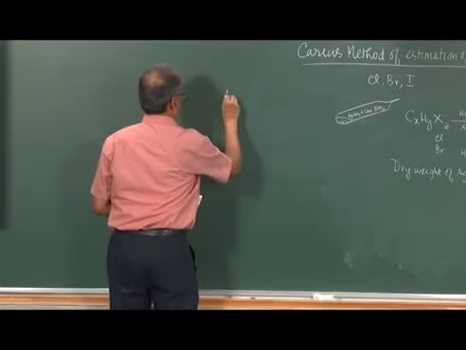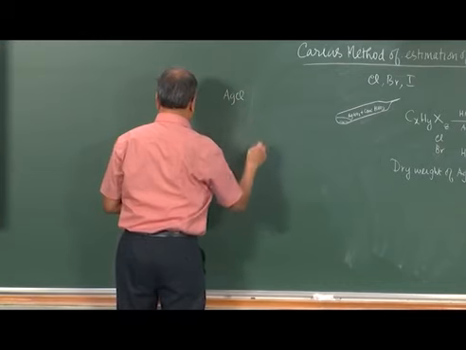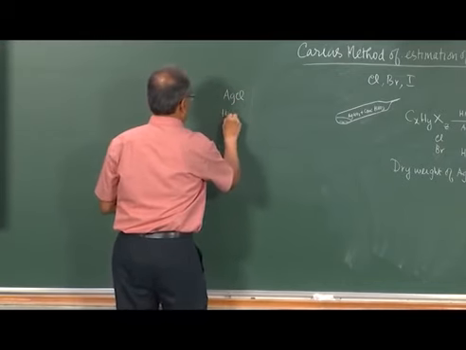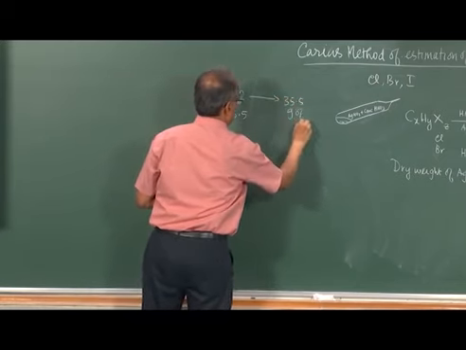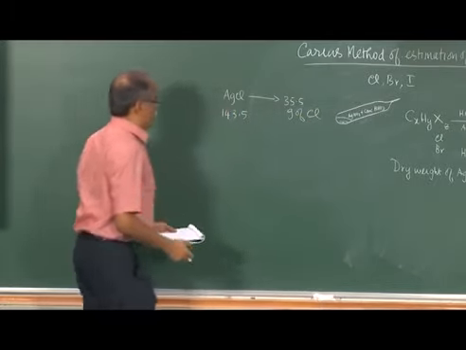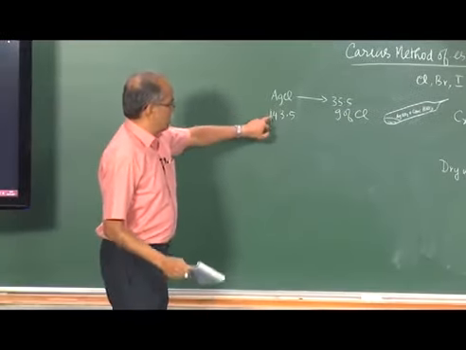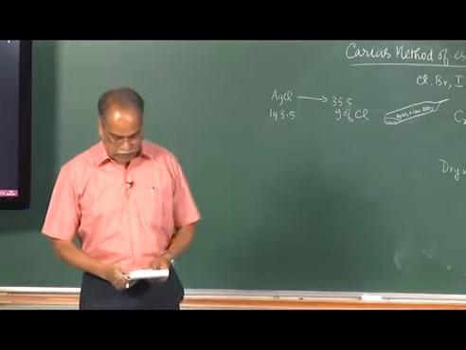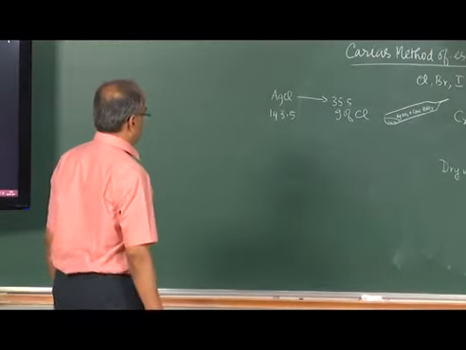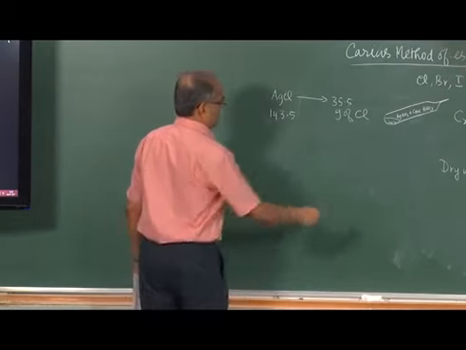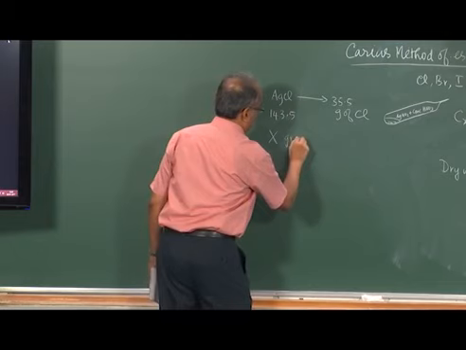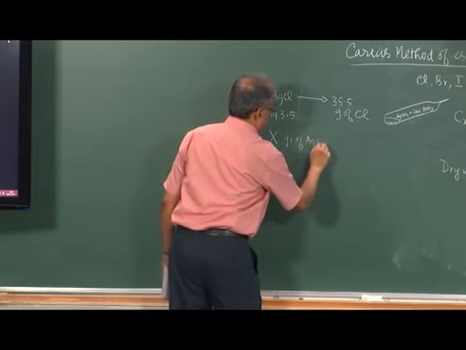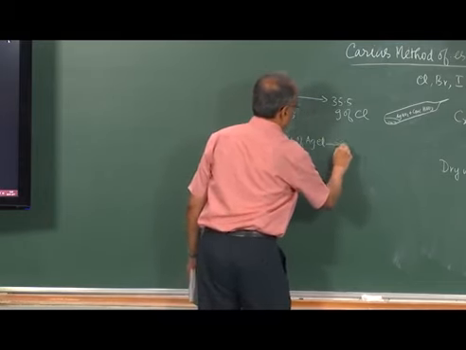If we take silver chloride, molecular weight corresponds to 143.5, and this contains 35.5 grams of chlorine. In other words, 1 mole of silver chloride contains 35.5 grams of chlorine. So, if x is the weight in grams of silver chloride obtained in the Carius method, how much will it be?